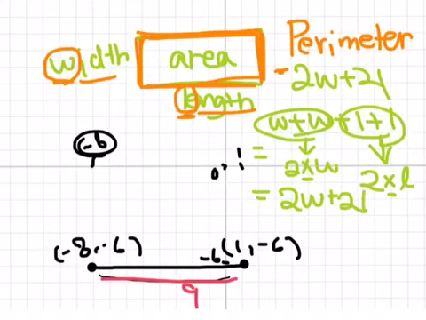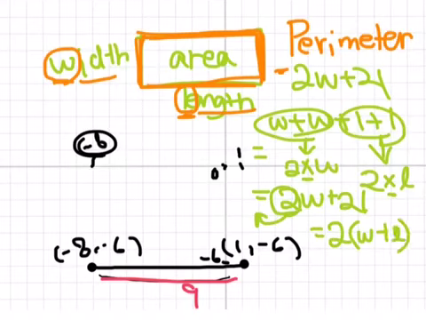If you wanted it to be a little simpler, you could take the 2 out, so it would be 2 times (w plus l). And what did we tell you about the perimeter? That it was 26 units. So let's write it here again.